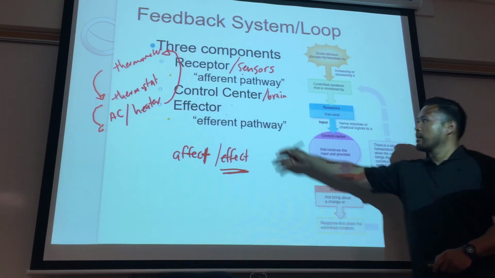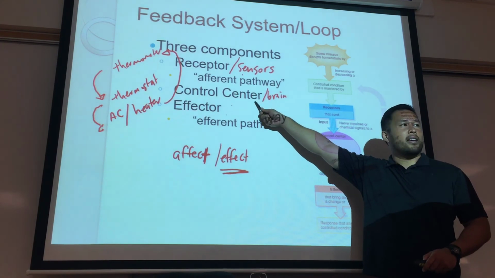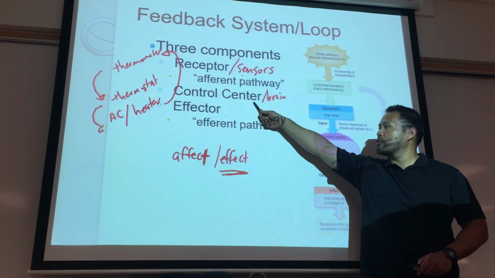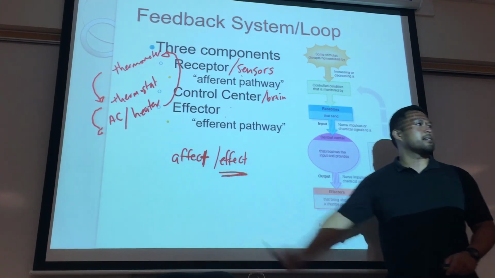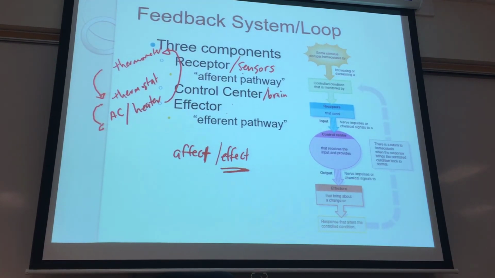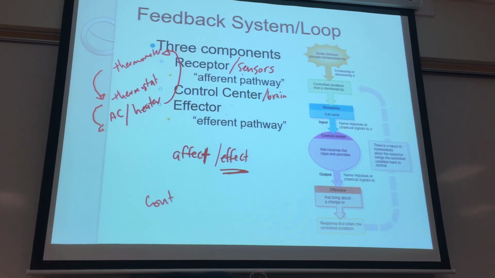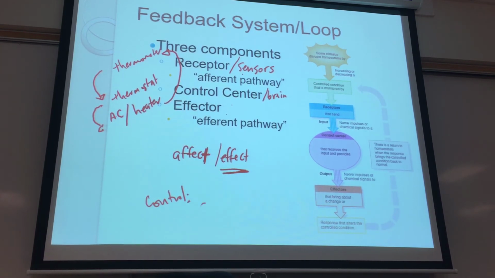And the control center is making that decision that is going to result in an effect. So the control center does three things. It makes a decision. It's also responsible for memory.